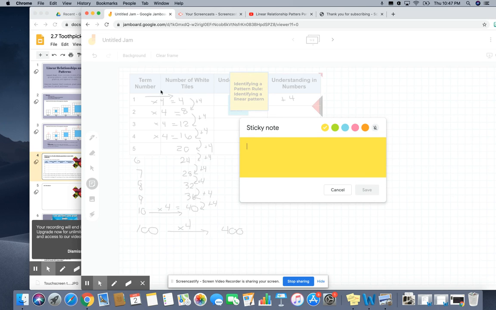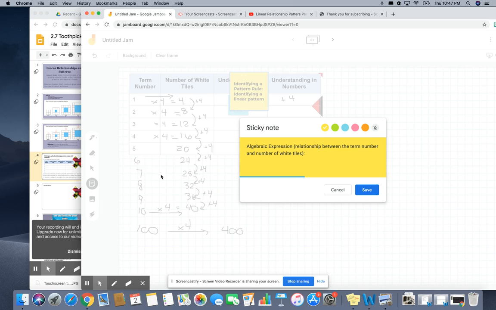However, developing that relationship, so that algebraic expression, and I'm going to put in brackets the relationship between the term number and number of white tiles, I can figure out a term number that is much larger than if I were to just be continuing that pattern rule.